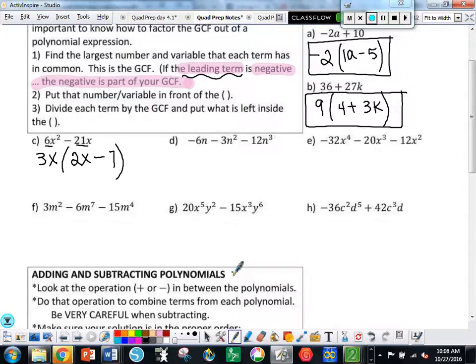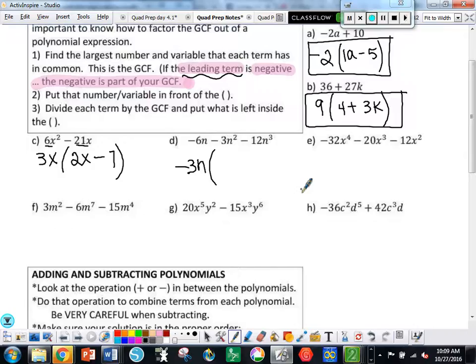Looking at the numbers. First of all, the leading term is what? Negative, so a negative is coming out. Looking at the 6, the 3, the 12, they each have a 3. Looking at the n's, how many n's do they have in common? They all have at least one n, right? So that n comes out. Now we divide.